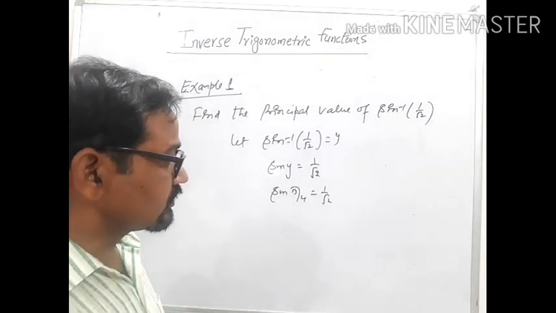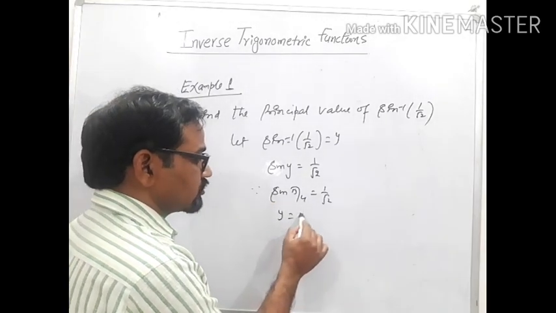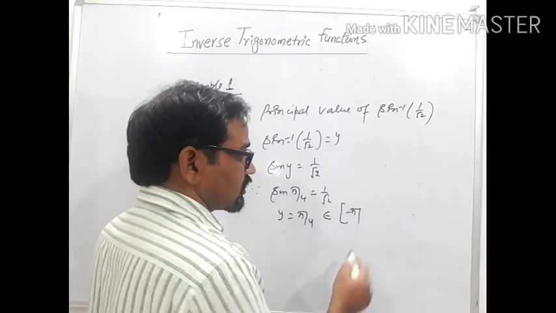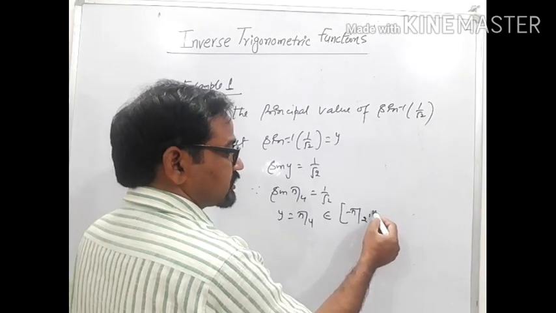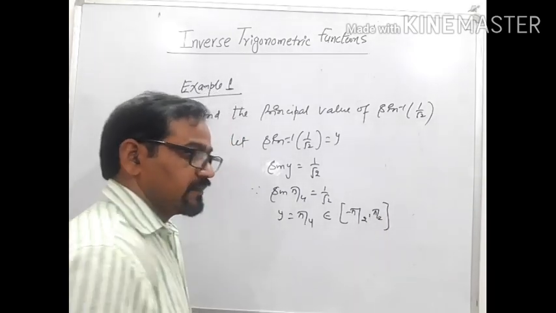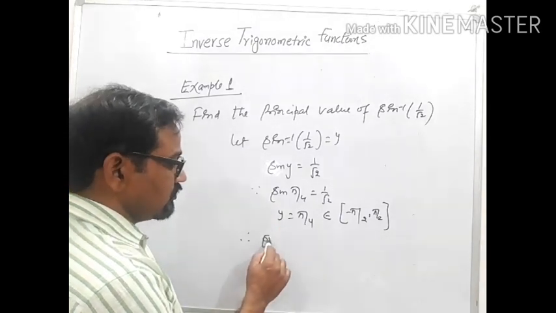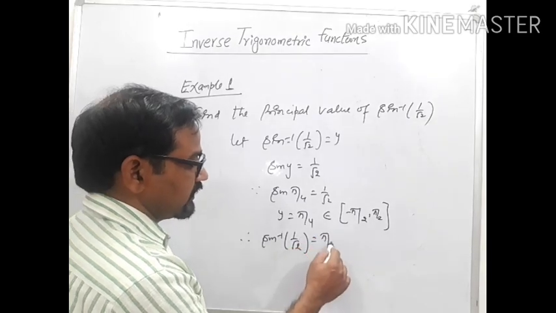Since we know that sine pi by 4 is 1 by root 2, therefore y equals pi by 4, which belongs to the range or principal branch of sine inverse function, -pi by 2 to pi by 2. So the principal value of sine inverse 1 by root 2 is pi by 4.